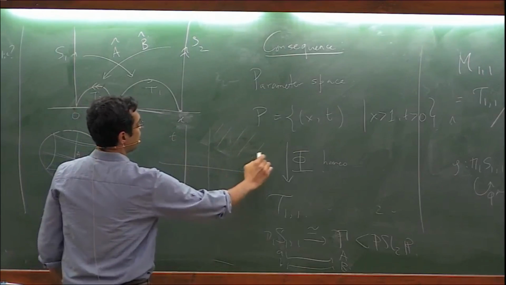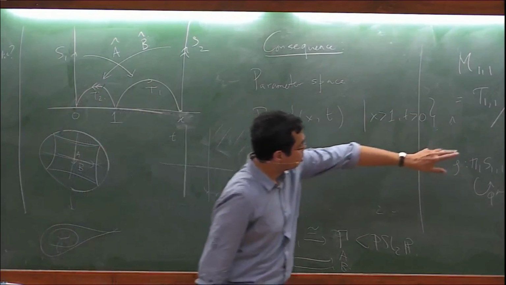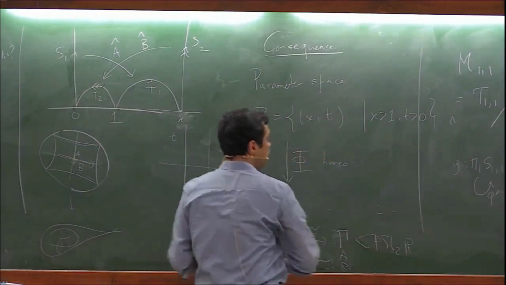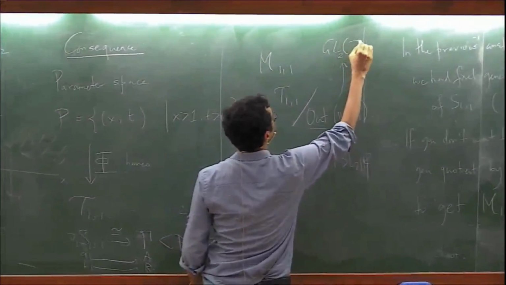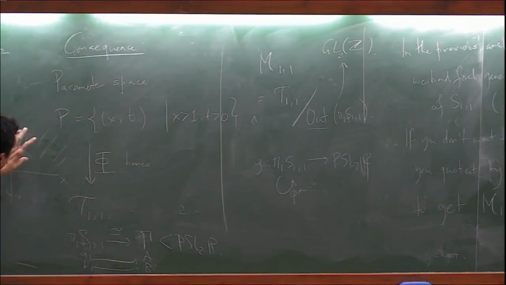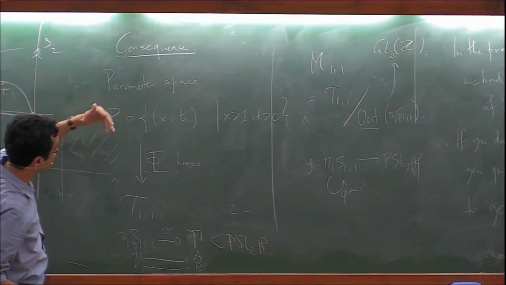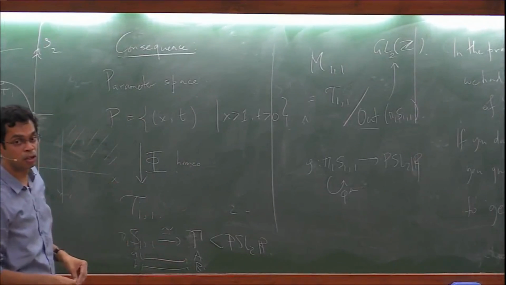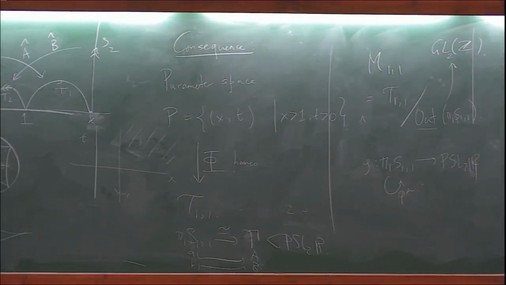It's some kind of domain like this, and you would have these outer automorphisms. This turns out to be GL2Z. So this GL2Z acts over here, and you get a fundamental domain, which is the moduli space of once-punctured tori.